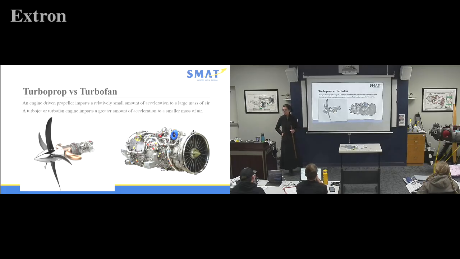Our blades are limited by the speed of the tip of the blade. Exactly. So the longer your blades are, the faster the tip is moving. And these tips are limited by the speed of sound.